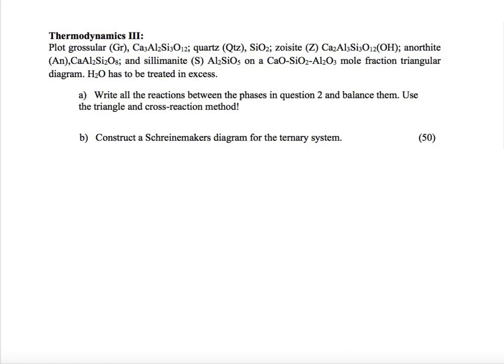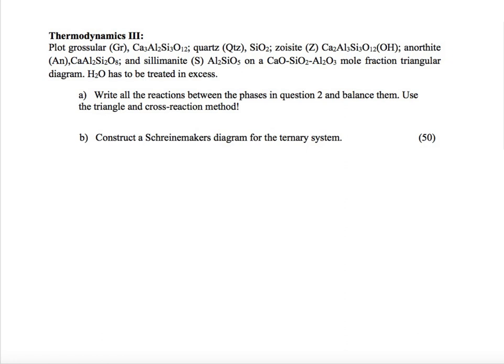You should plot grossular, which is Ca3Al2Si3O12, and quartz, which is SiO2, and zoisite, which is Ca2Al3Si3O12OH, anorthite, which is CaAl2Si2O8, and sillimanite, which is Al2SiO5, on a CaO-SiO2-Al2O3 mole fraction triangular diagram. H2O has to be treated in excess.